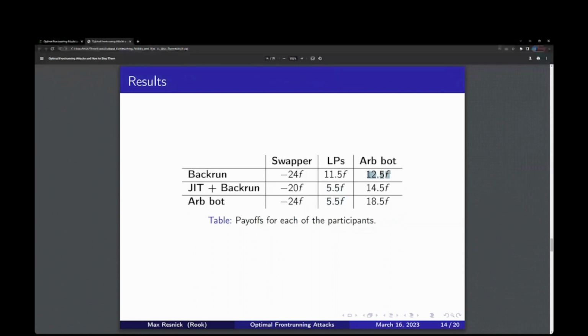And then the RBot is just getting better and better, right? So the RBot wants to do JIT plus sandwich, but he actually makes the LPs worse off and makes the swapper no better off. So he's basically just taking money from LPs. I don't know if you've been following this liquidity provider debate on Twitter.